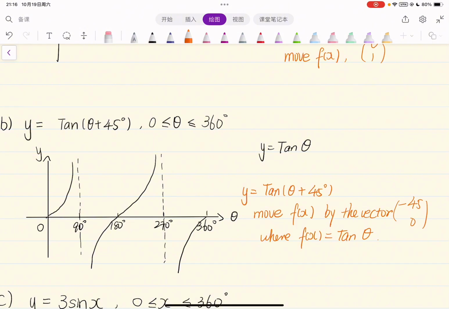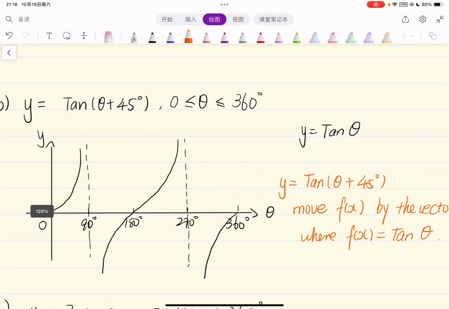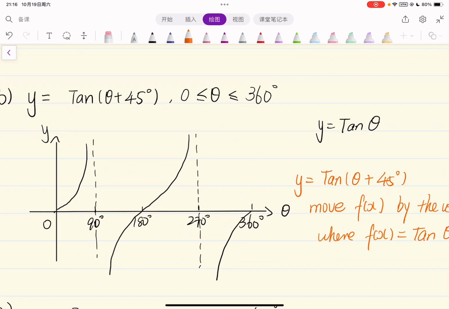Which also means the asymptotes of tangent theta will also move. We have the new asymptotes: 90 degrees minus 45 degrees, so move left 45 degrees.